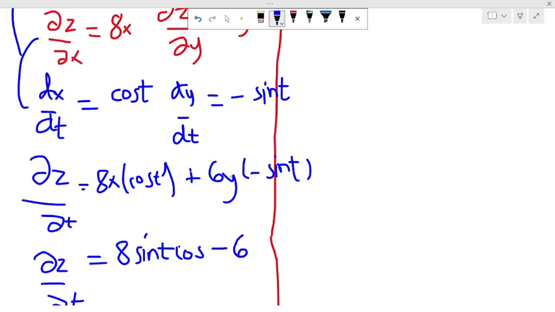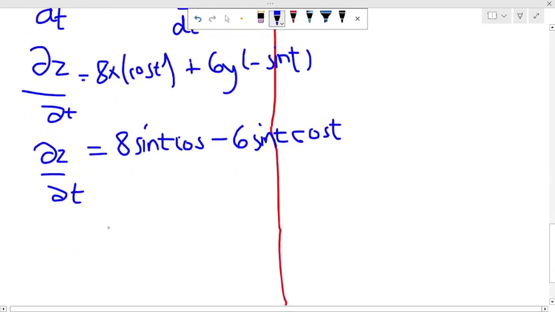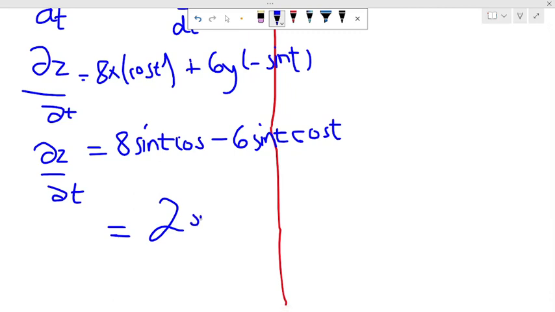Now our y is equal to cos t. So therefore we have negative 6 sine t cos t as well. Now simplifying these two, we end up getting 2 sine t cos t.